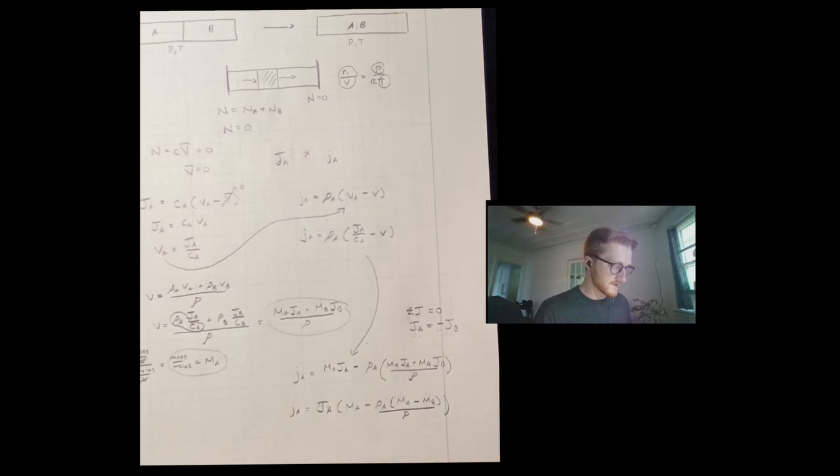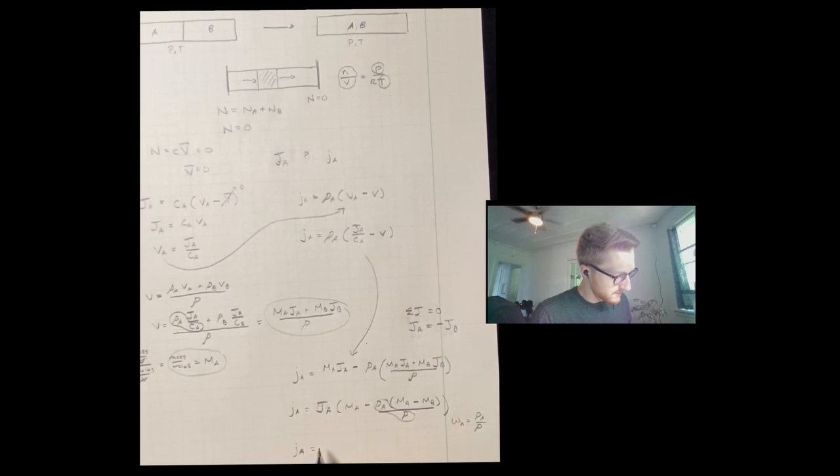Now we can simplify this a little bit further because we know that the mass concentration of A over the total mass concentration is the mass fraction. So therefore we have the mass fraction of A is equal to the mass concentration of A divided by the mass concentration of the gas. So therefore we can plug in the mass fraction to simplify this equation further.